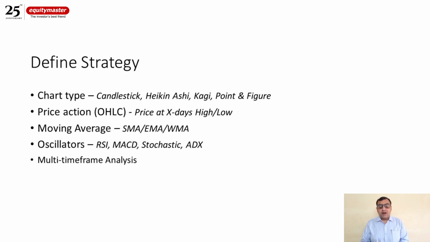Second is price action, open, high, low. So if prices are X days highs, I've done a strategy as well. When price hits a 5 days high and is above the XYZ average, it's a good bullish momentum. When price is 5 days below the XYZ average, you can look for a short opportunity. So you have to decide why you are using these X days, because you want the stocks which are in momentum.